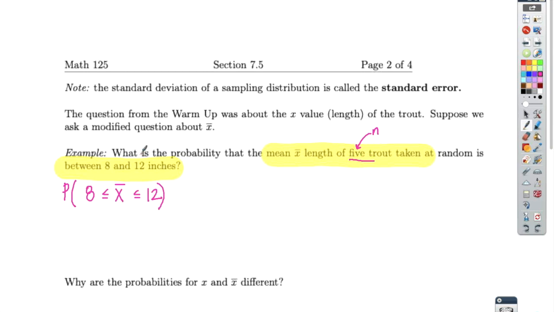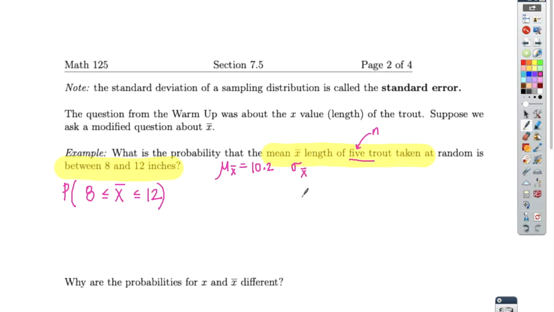So let's write this down. Our mean, and I'm going to put a little subscript x bar because now we're talking about the sampling distribution, so the x bar distribution. Well, our mean is still 10.2. That does not change.